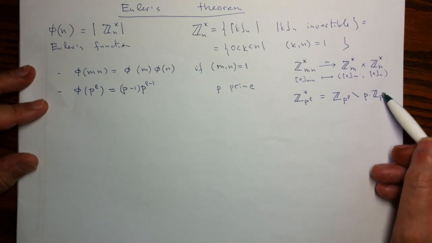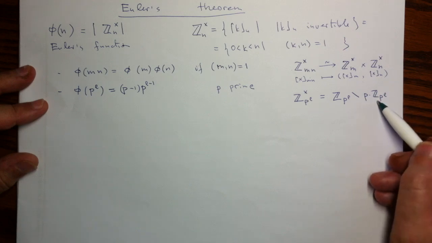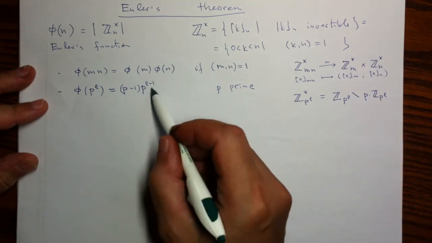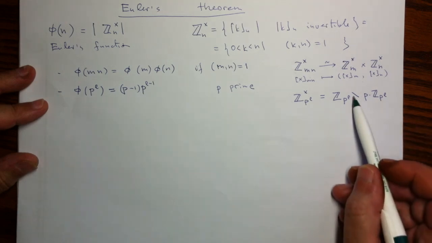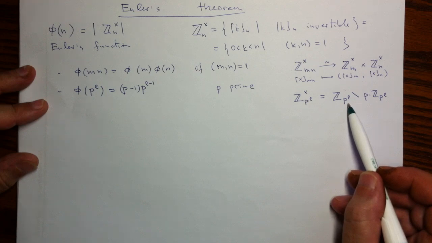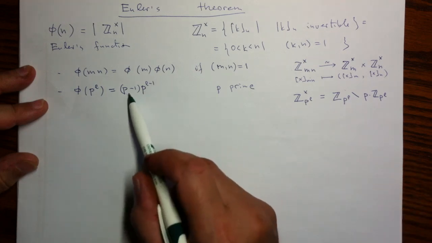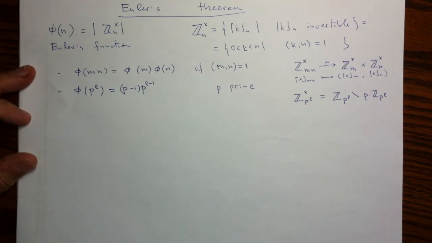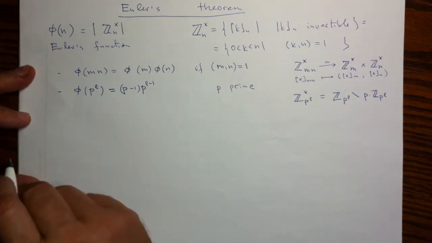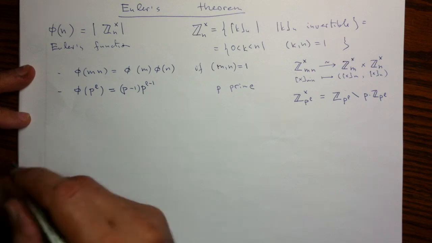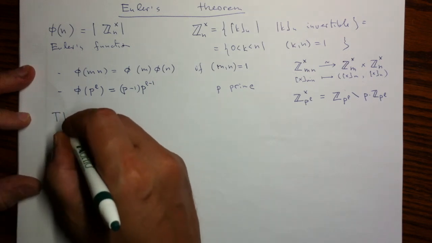And it is easy to convince yourself that the number of multiples of p will be p to the l minus 1. And so we're taking the total number of congruence classes, which is p to the l, and subtracting p to the l minus 1, hence this answer. So now we know how to compute Euler's function on any number, and let's put it in use.